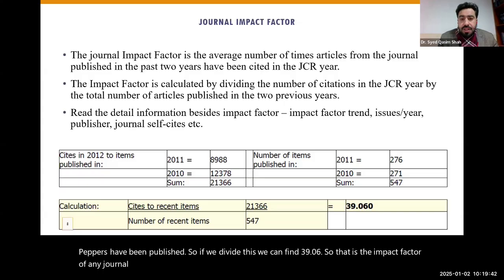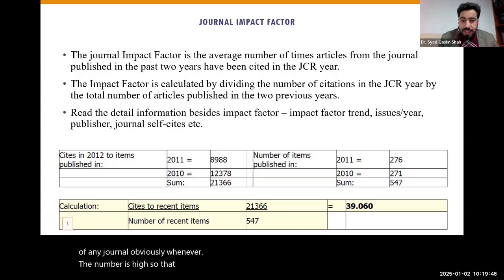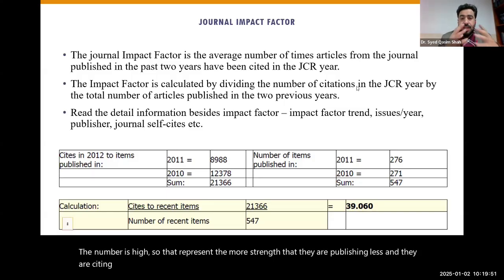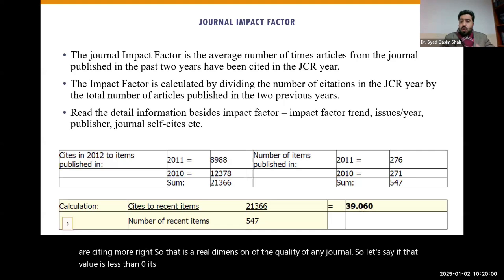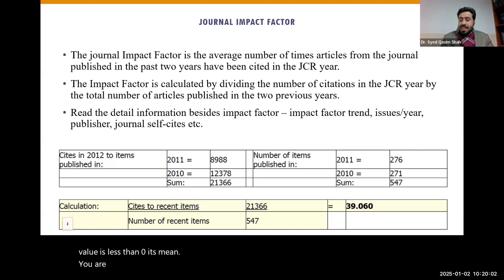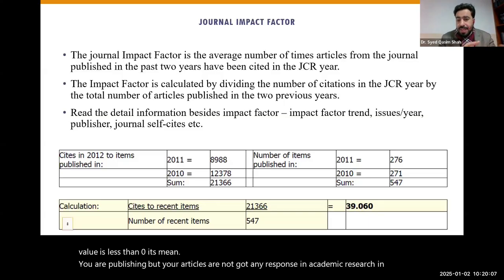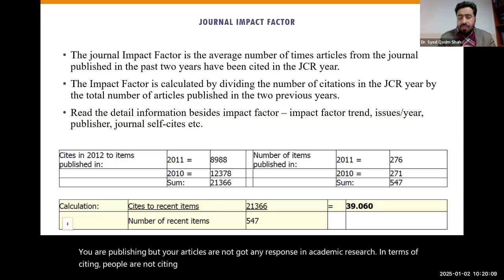Obviously, whenever the number is high, that represents more strength: they are publishing less and being cited more, right? So that is a real dimension of the quality of any journal. If that value is less than 1, it means you are publishing but your articles get no response in academic research in terms of citing. People are not citing you or referring to your journals, so that shows a lower quality journal.